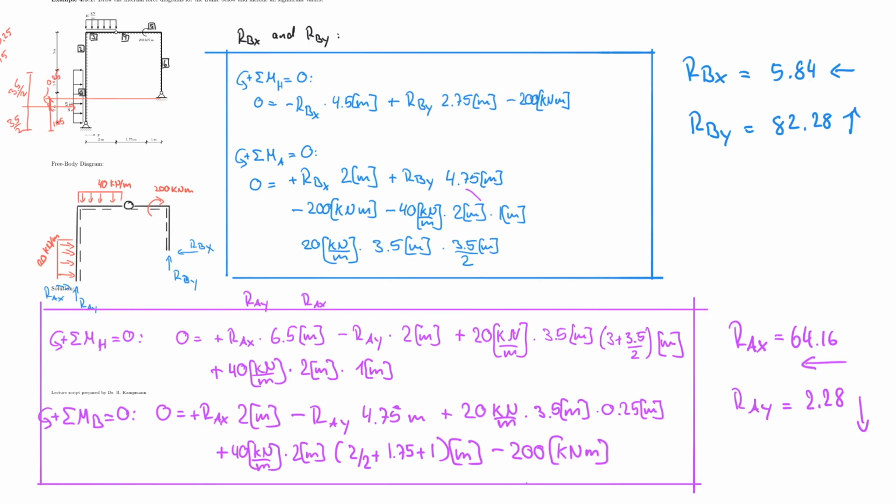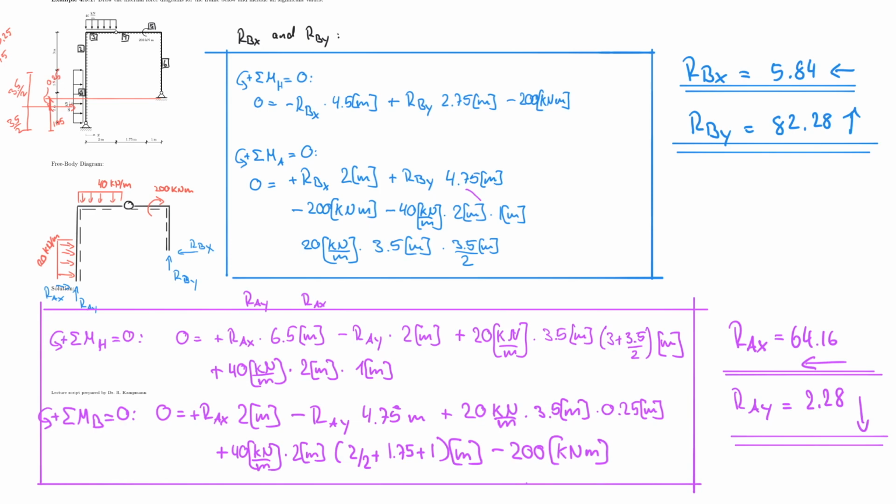And what that tells me now is that I have solved my support reactions, which I can use to draw my internal force diagrams for this hinged frame, which is what we would do next. But this was the support reactions, and I think this concludes the ways of finding one side or the other.